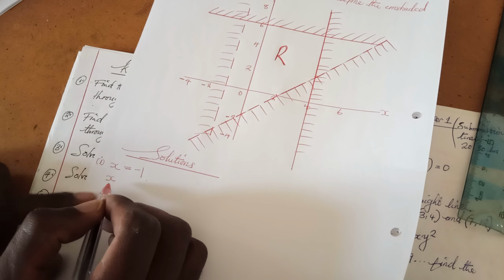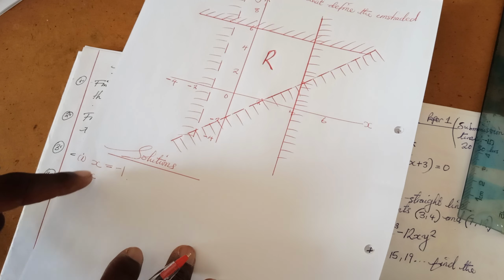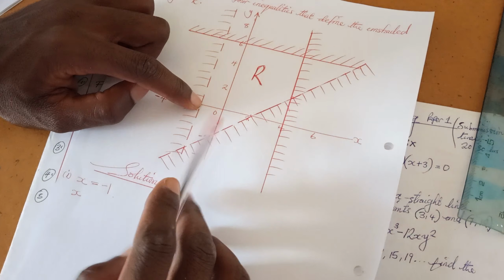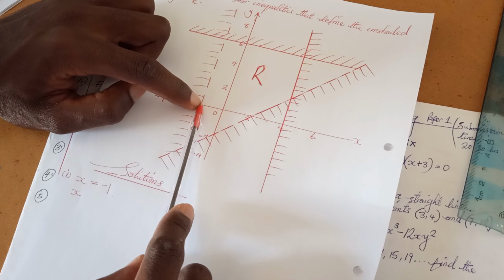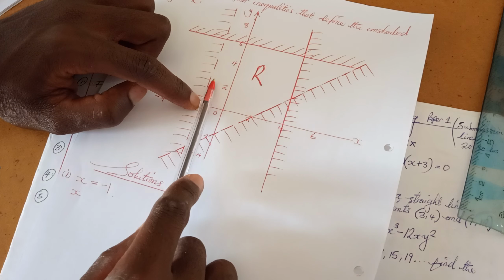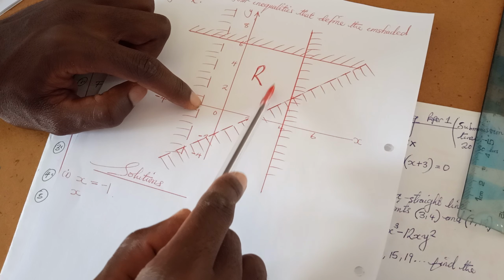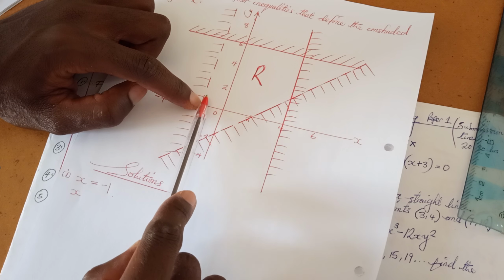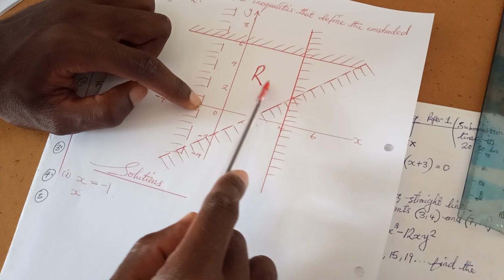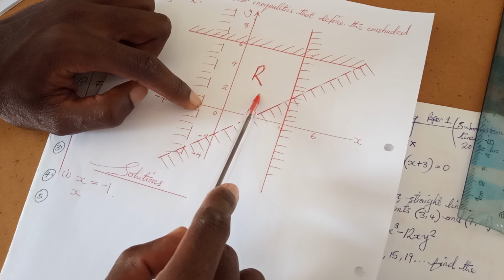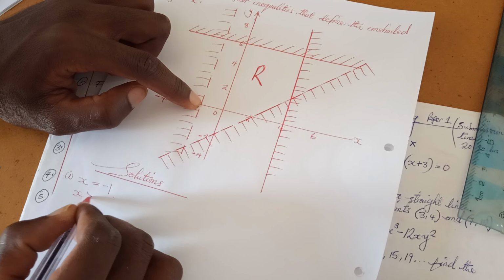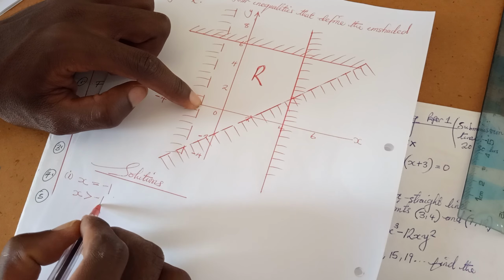If you look at this dotted line, when you stand on this dotted line, the numbers going this side are all greater. They are greater because this is the side where R is. So you are going to say that x is greater than negative 1, because it is a dotted line.